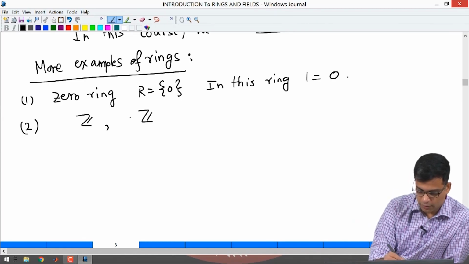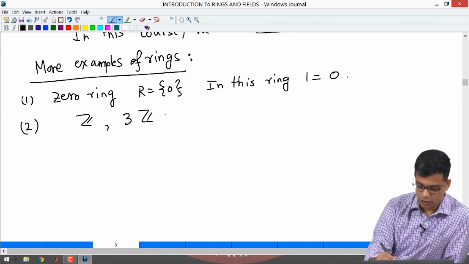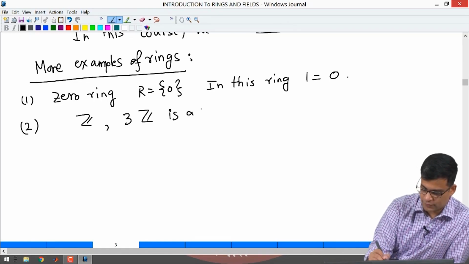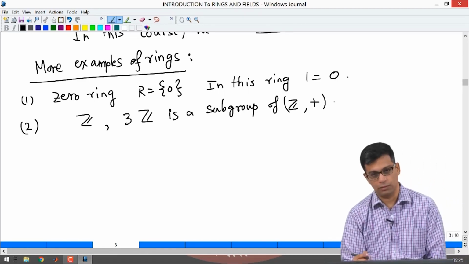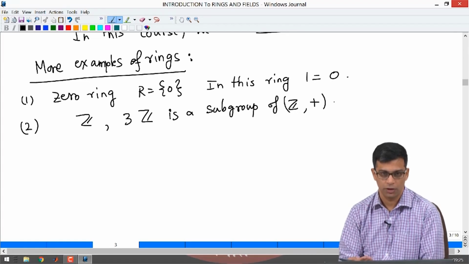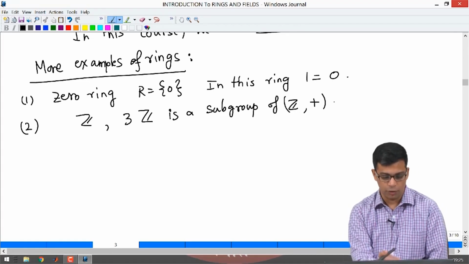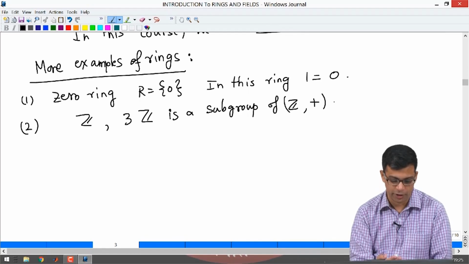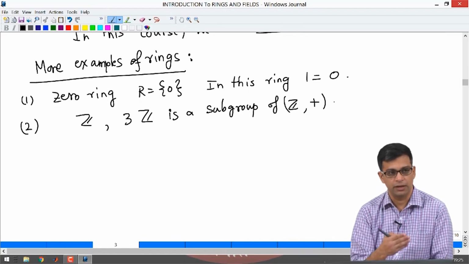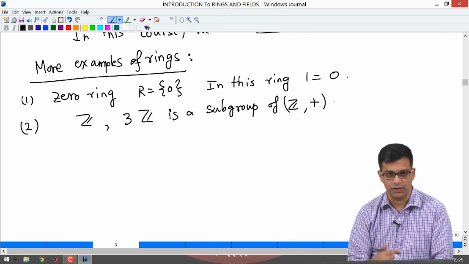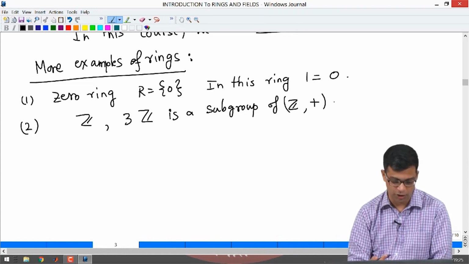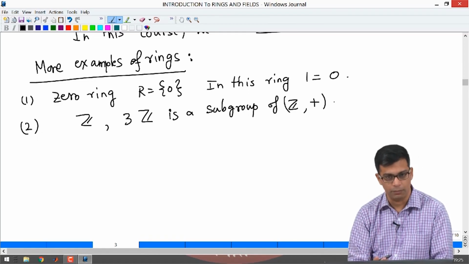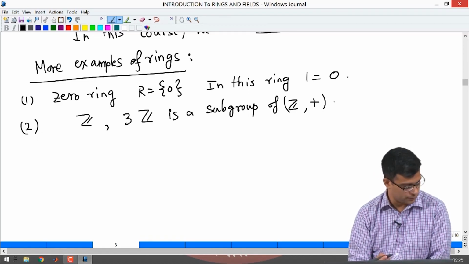Let us first look at, just as an example, 3Z. 3Z is a subgroup of Z. Here I am considering the addition, which is the only operation which makes Z a group. 3Z is a subgroup of Z because you can add two elements of this and get another element of this. What are elements of 3Z? These are multiples of 3. If you have two multiples of 3, you add them, you get again a multiple of 3. 0 is there, the inverse of a multiple of 3 is also a multiple of 3 and so on.